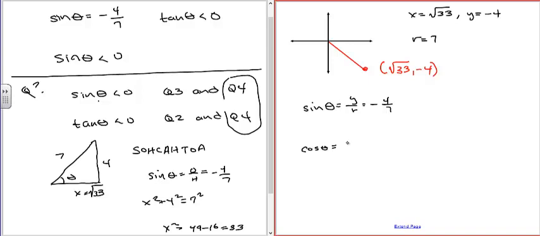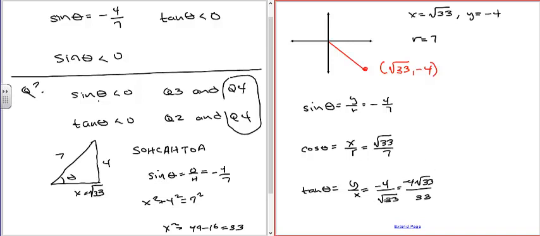Cosine of theta is x divided by r, which is the square root of 33 over 7, so that's in good shape. The tangent of theta is y divided by x, so that's negative 4 divided by the square root of 33. This is one we have to multiply and divide by the square root of 33.